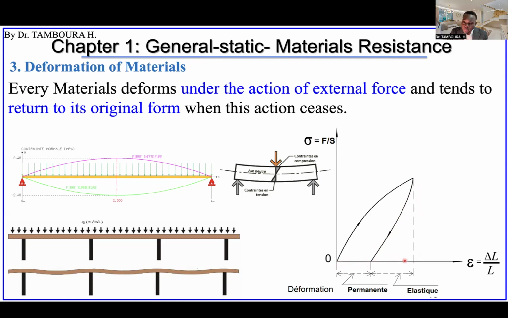So that's the problem. When you apply too high stress to a material, it may not recover the original form. It will try to recover everything, but it is stuck here. So it did recover all this, but this part is not recovered because the point didn't reach here.